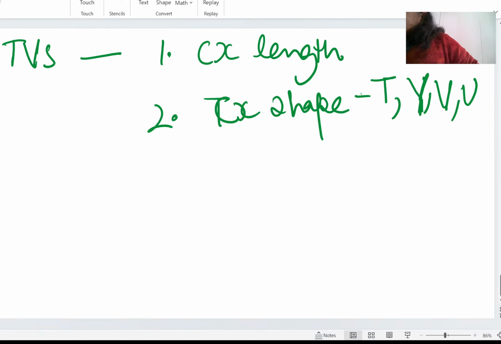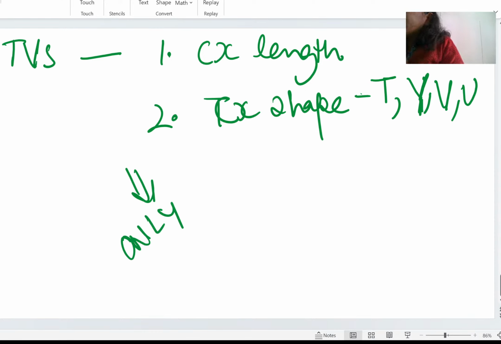All these things can be seen only during pregnancy.